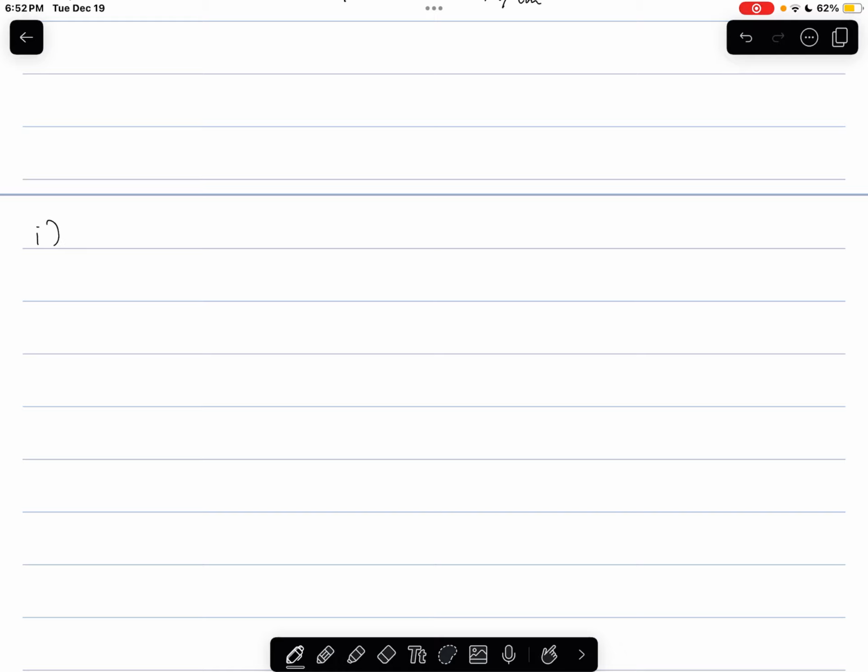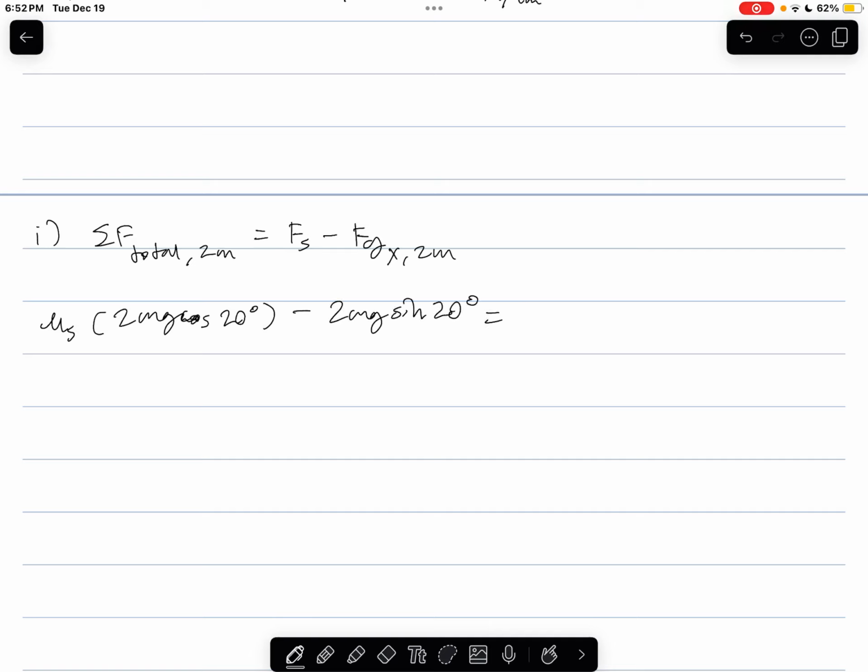Yes, this is the last one. I. So net force total of 2m is going to be the Fs acting, pushing up. There's also Fgx pulling it down. So then Fs can be expanded to mu s 2mg cosine of 20 minus 2mg sine of 20 equals 2m times 0.3.